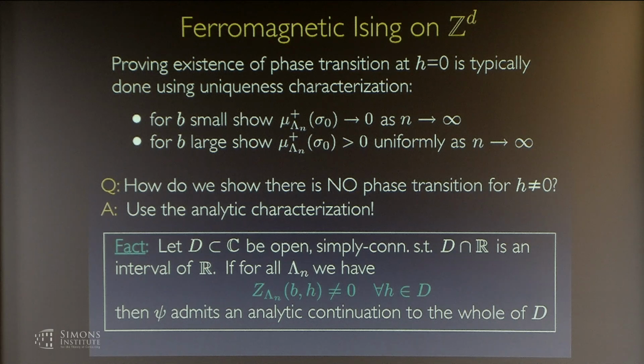We want to show that this function psi, which is the limit of log Z, is differentiable, and it turns out that it's sufficient to show that Z itself has no zeros. Okay, so you want to find a region in the complex plane D, such that Z itself has no zeros in that region, and this is just for finite Z. So this is going to give us a finite volume condition to check.